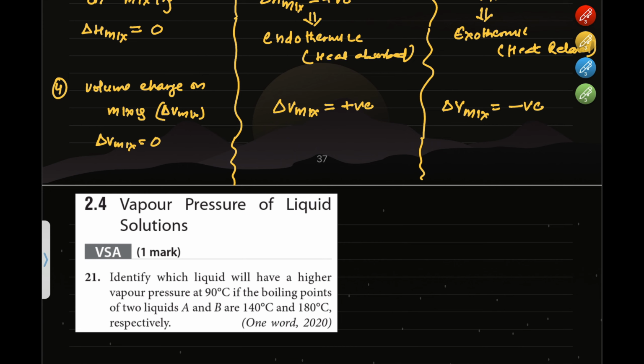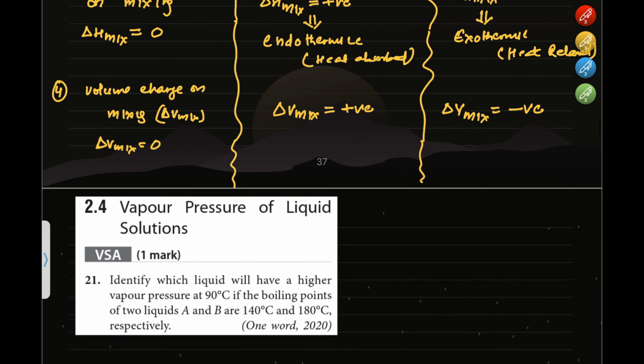So when the interaction is stronger, the molecules come closer, and thus they occupy less volume and the volume decreases. That's why the delta V mixing decreases for a negative deviation solution from the Raoult's law.